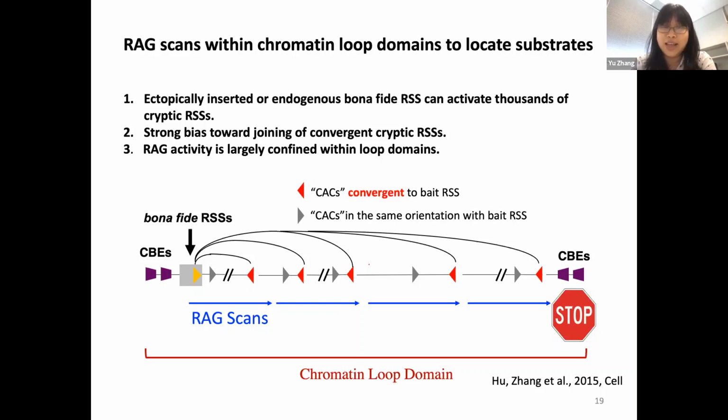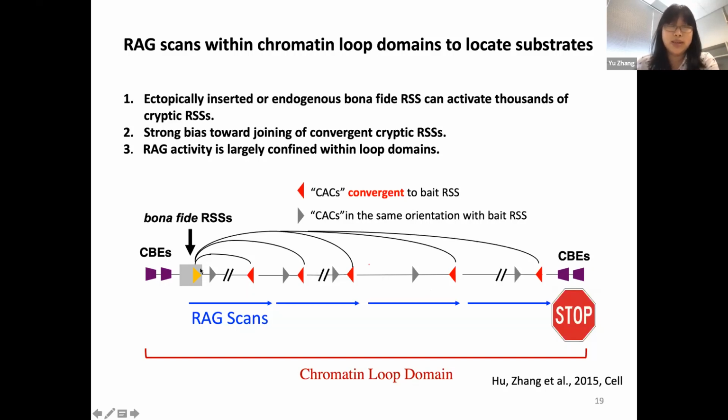And this is in contrast to the traditional diffusional access model, in which the orientation of the RSS should not matter, because, using Brownian motion, you should be able to access CAC or cryptic RSS in either orientation.